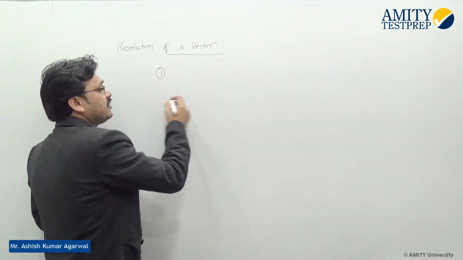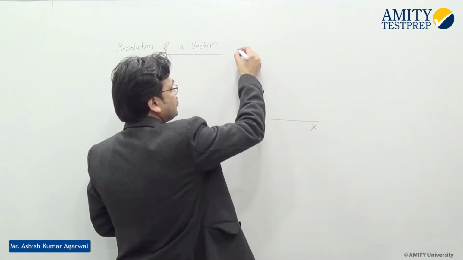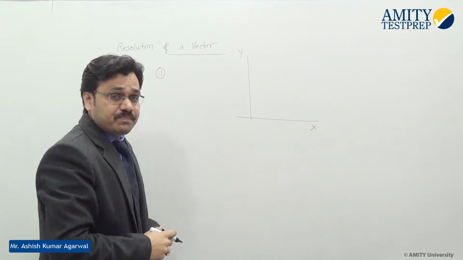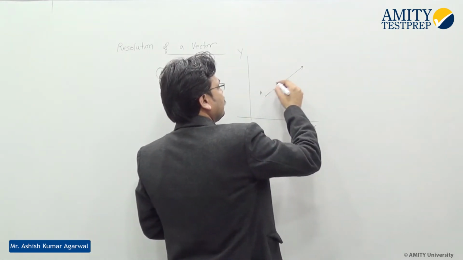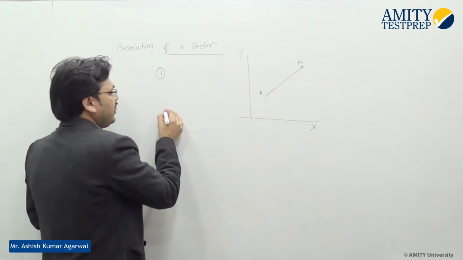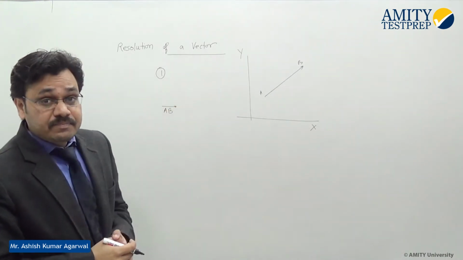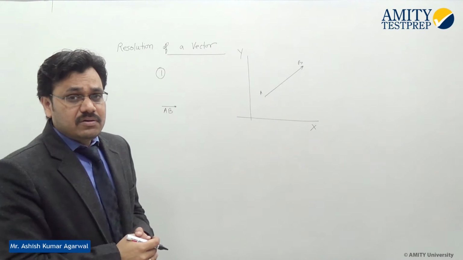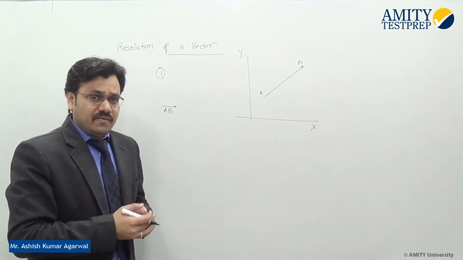Suppose we have a coordinate axis, x-axis and y-axis, and a vector is given to me. Suppose this is AB, so I write it as vector AB. Now I have to resolve this vector along the x-axis and along the y-axis.